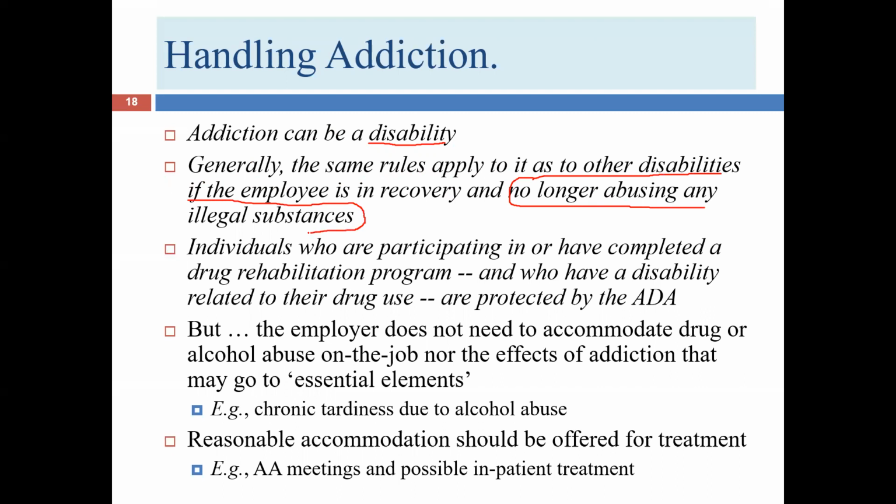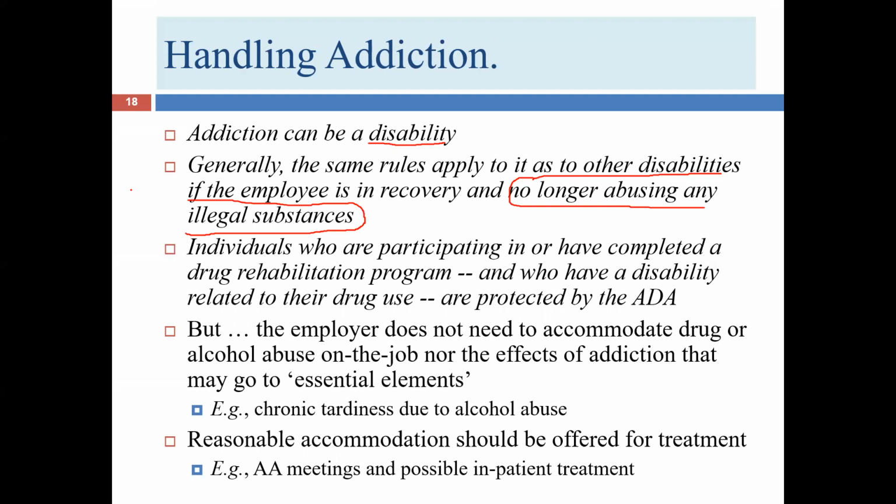Again, the heroin, the cocaine, the crack, the meth, the marijuana, whatever the particular substance might be. If the person has entered the recovery process and is clean and sober and is rehabilitating, under those circumstances, he or she will be protected under the Americans with Disabilities Act. So that is an important issue. Active drug use is not going to be covered.